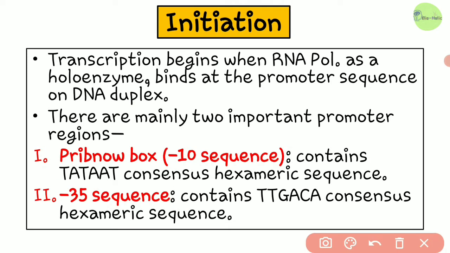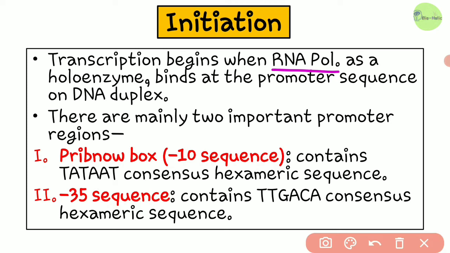Now, in initiation, transcription begins when DNA-directed RNA polymerase, or RNA polymerase as a holoenzyme, that means the core enzyme directed by the sigma factor, binds at the promoter sequence on the DNA duplex.